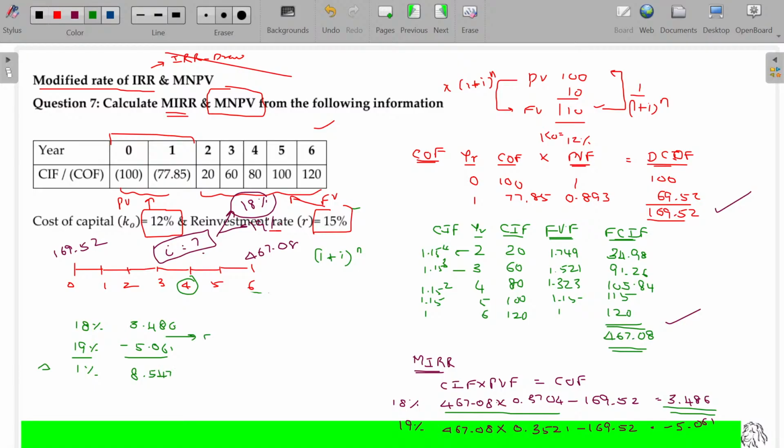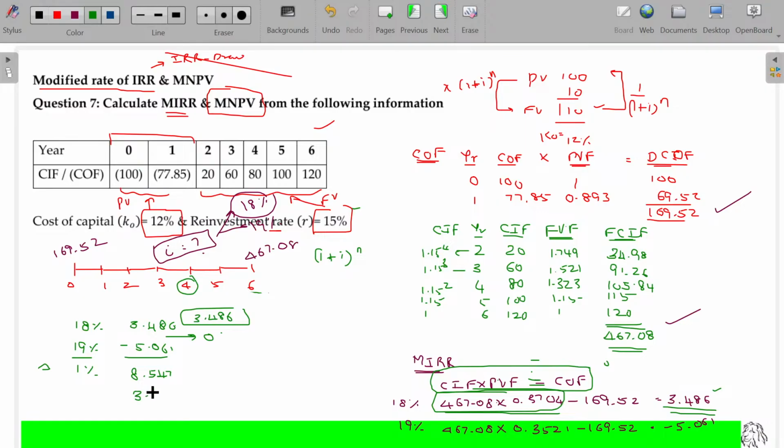But I have to make it 0. NPV means these two should be equal, no? Okay, these two equal. Then if you subtract this one from here, then you will get 0. So you have to make it 0. Otherwise, you have to reduce 3.486. The other way of interpolation, rather than taking the total of this one, you can take the net value also, you will get the answer, right?